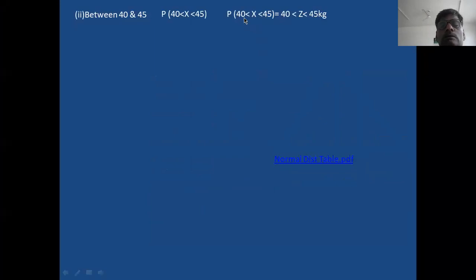In between means these two numbers. So your z is in between 40 and 45. Here z is the standard normal variate. In place of z you write the equation.